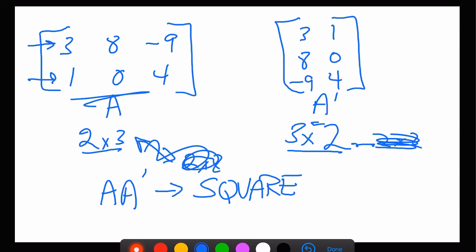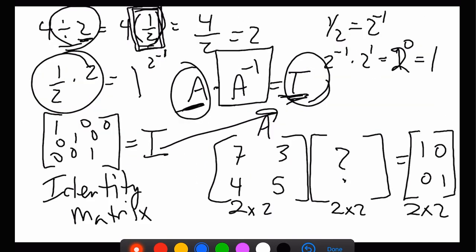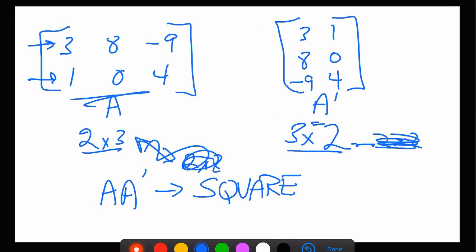It turns out in life that there are things, and we're going to do this in a second, where we need to find the inverse. Remember? We want to figure out how to find this inverse. Well, it turns out that we can only find an inverse of a matrix that's square.